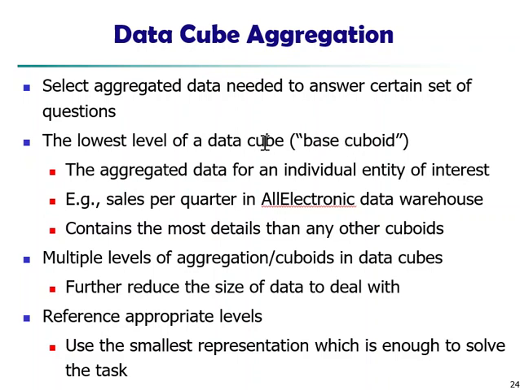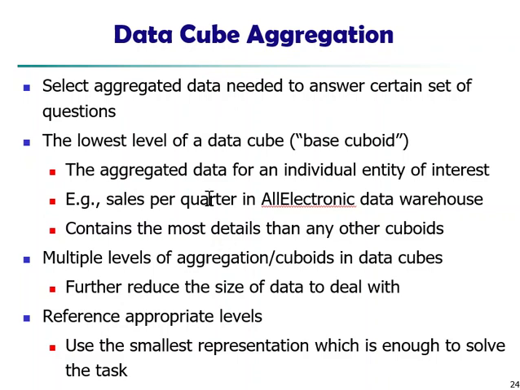In a data cube, there is one cuboid called the base cuboid. It holds everything. From this base cuboid, we can create multiple levels of different aggregation of the base data and create different levels of cuboids. One is more aggregated than the other.